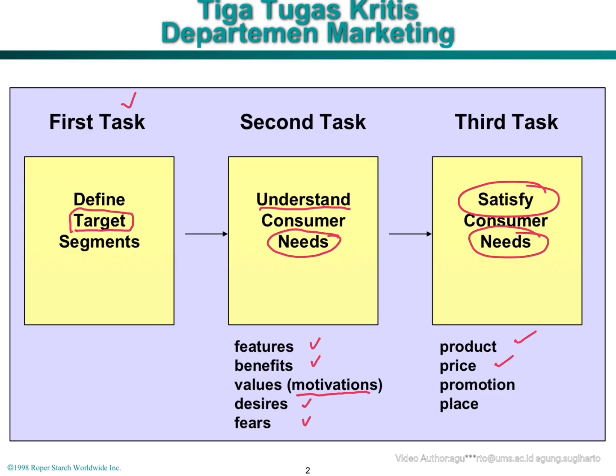It can be the price, how much the price is, and how the product is promoted to these customers, and then the place, how and where they can buy our product. Those are the three tasks in segmentation.